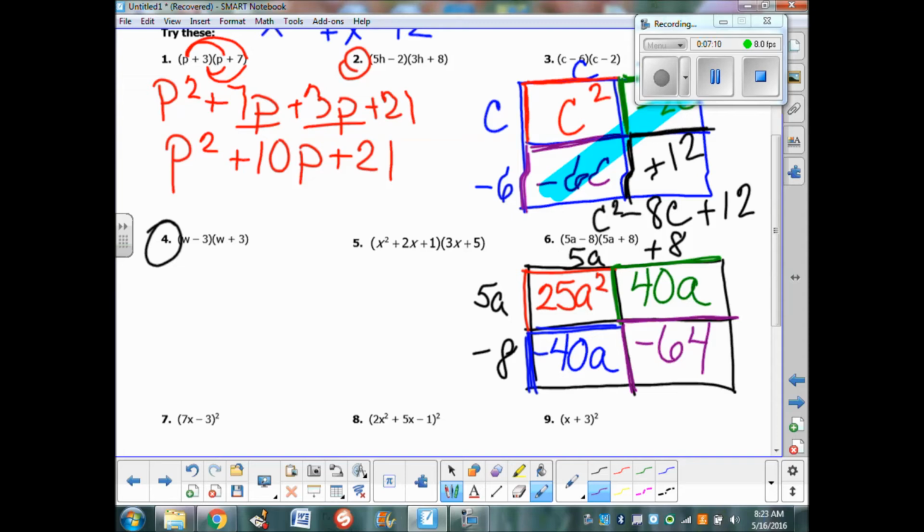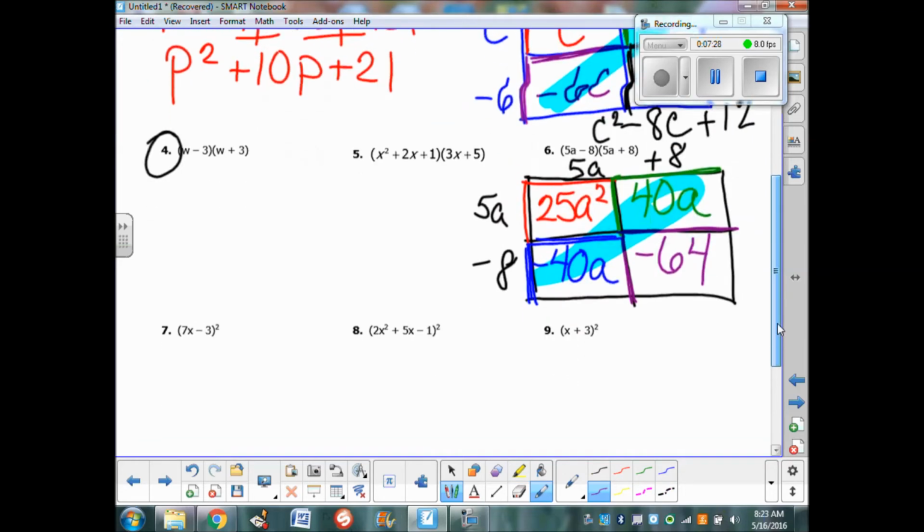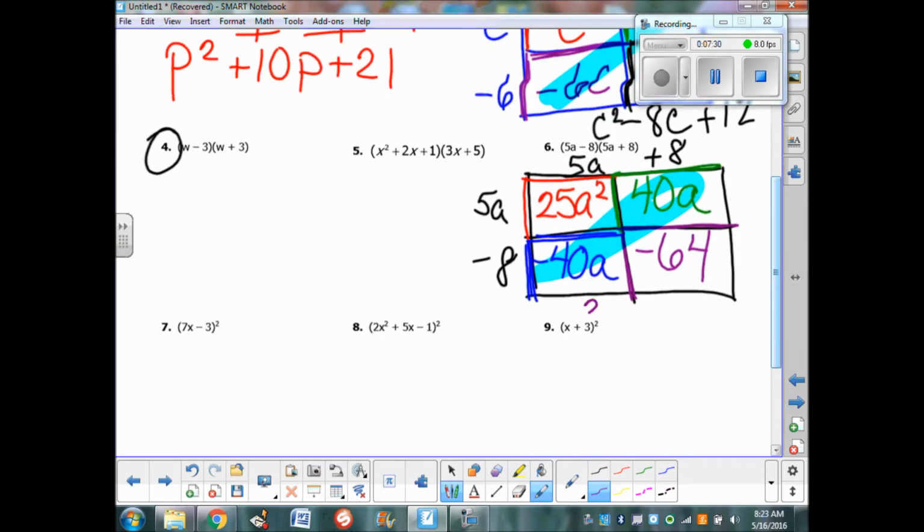Now let's look at our graphic organizer. Where do we see the like terms? Our like terms occur right there. So now let's write our final answer. Our final answer in simplified form, we start out with our 25a squared.